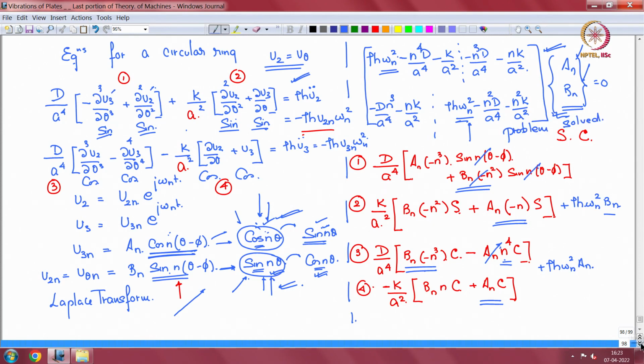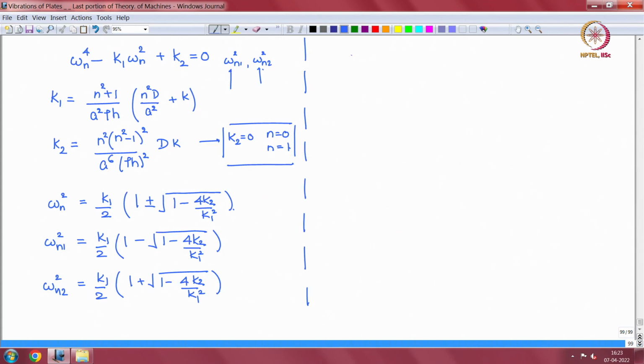Okay, so let me do that first here. So you set the determinant to 0. You get your omega n1 square, you get your omega n2 square in any manner, closed form or numerical. Okay. And then if you substitute back omega n1 square into the set of equations.